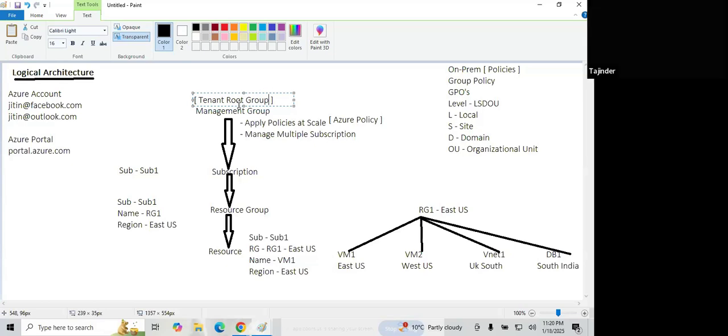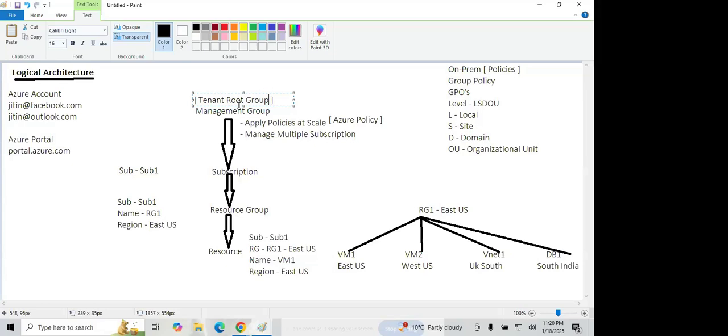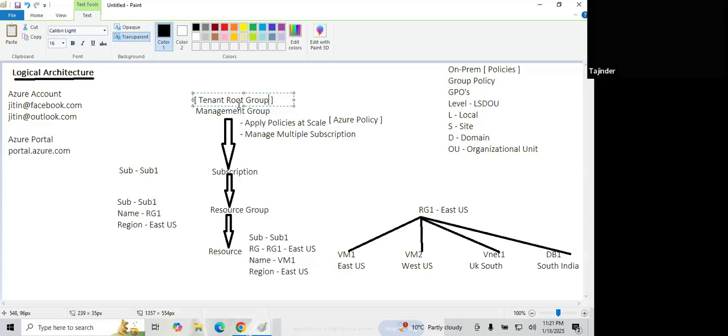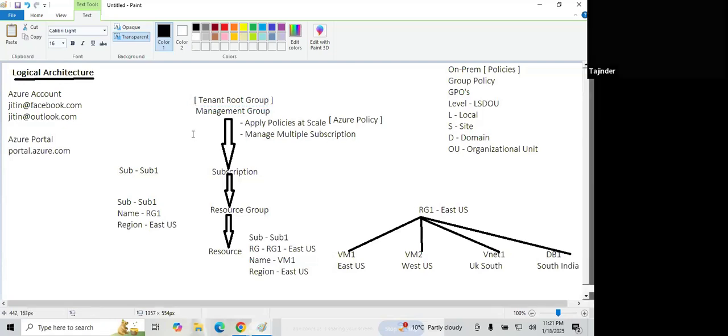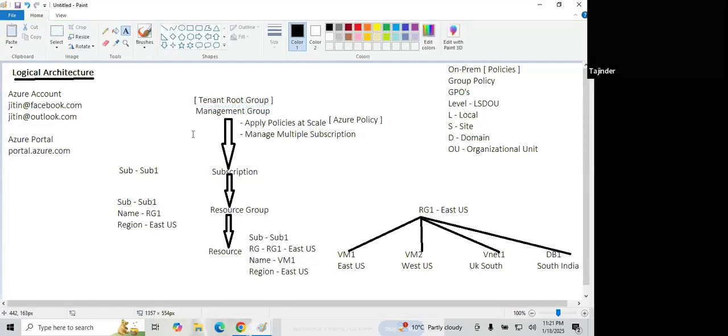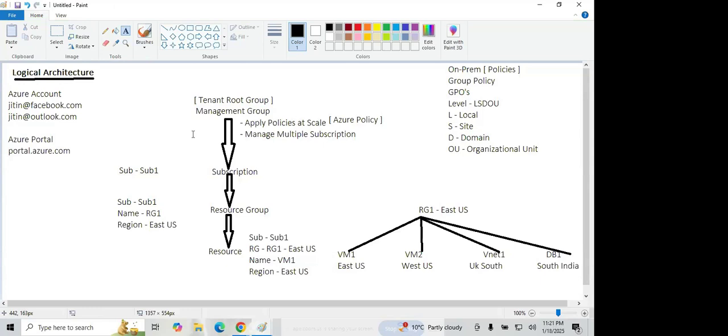Now if I have an Azure account, I will have a tenant root group. If you have an Azure account, you will have a tenant root group. So how do we differentiate which tenant root group belongs to whom? If my tenant root group has the name tenant root group, and yours has the same name, how do we differentiate which tenant root group the request is coming from? Or how will even Microsoft differentiate?